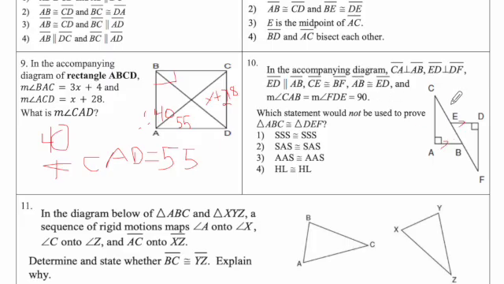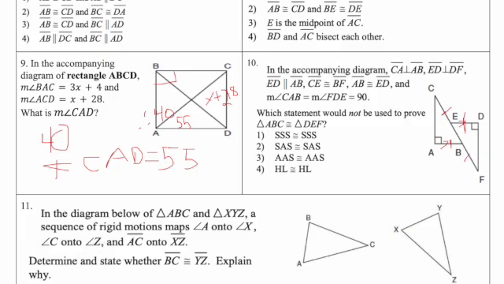CE is congruent to BF. AB is congruent to ED. And CAB equals FED equals 90. So these are also angles that are congruent.